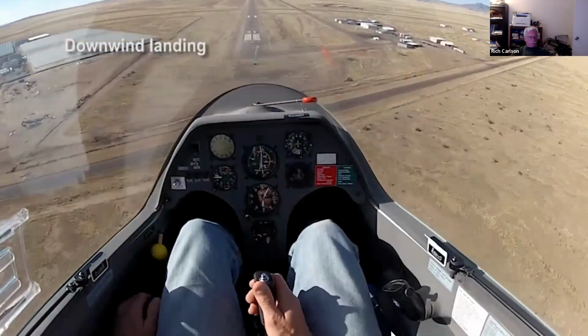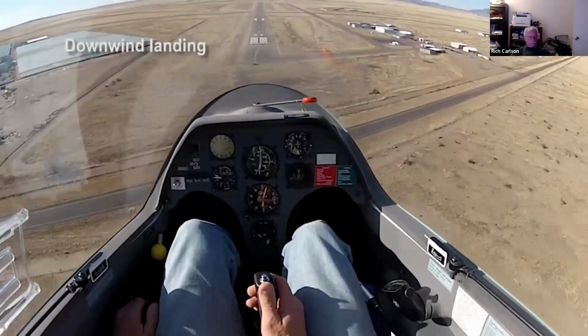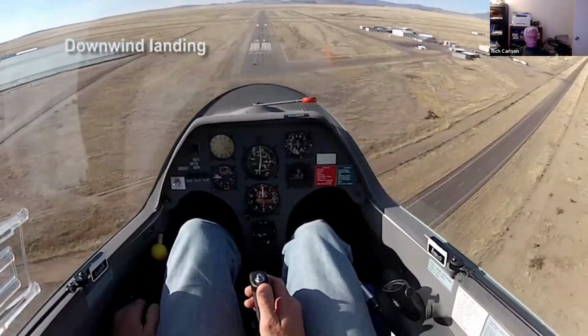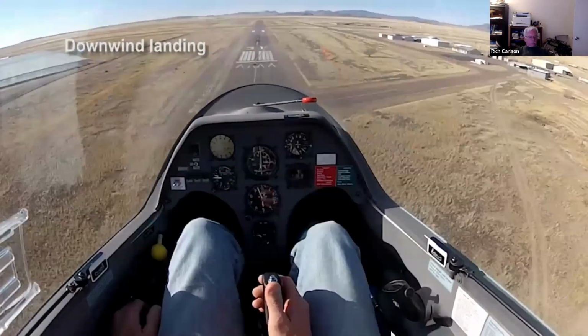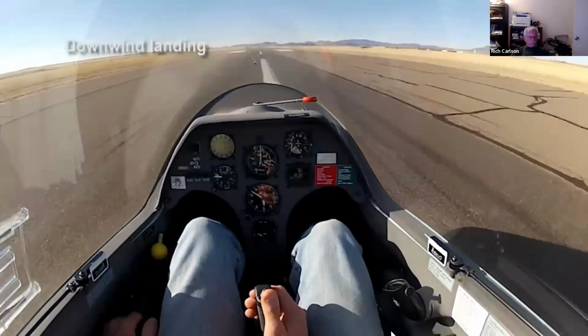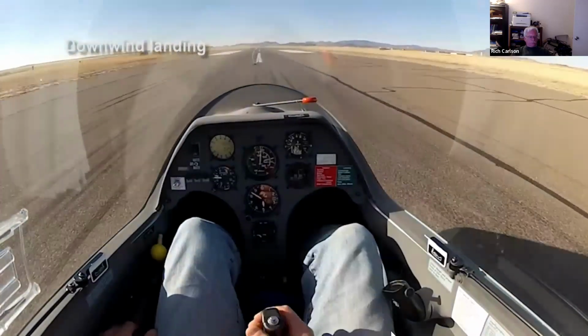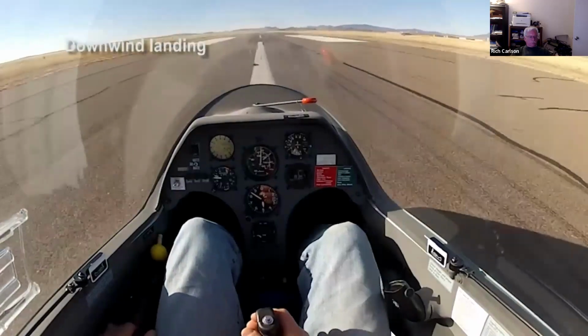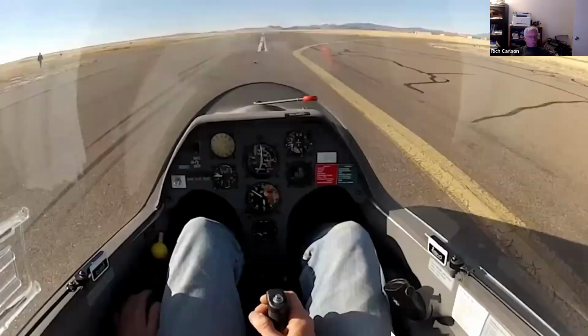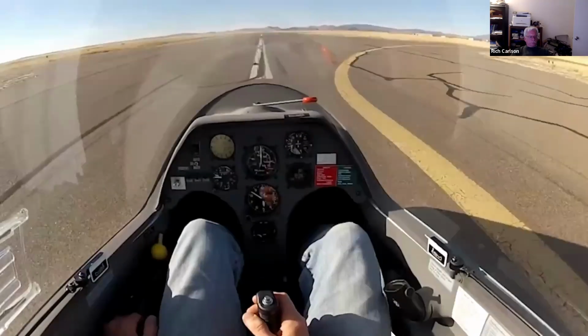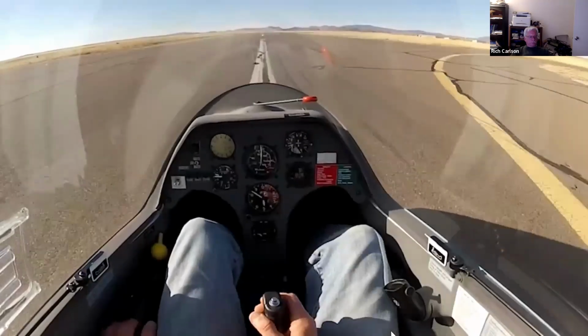Maintains recommended approach airspeed within plus or minus 5 knots. Uses proper downwind landing procedures. Maintains proper directional control during touchdown and rollout. Applies brakes smoothly to bring the glider to a stop.